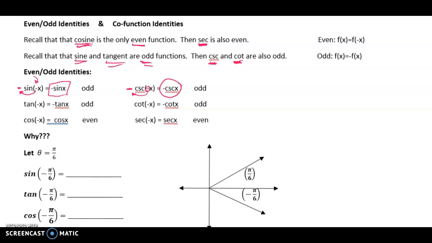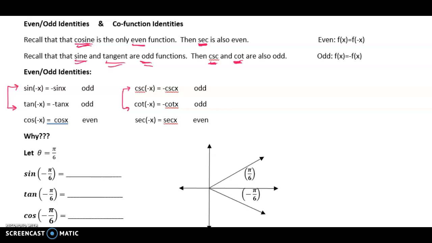So what we're trying to do is deal with positive angles instead of negative angle measures. Since sine and tangent, cosecant and cotangent, are odd functions, all 4 of these are done the same way.